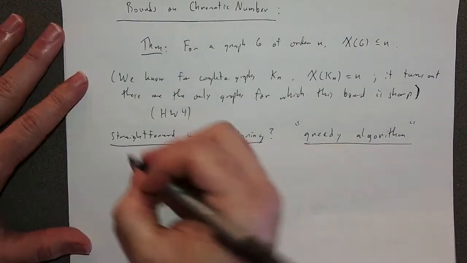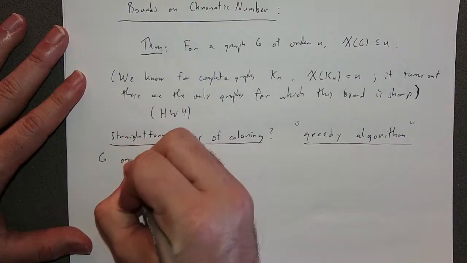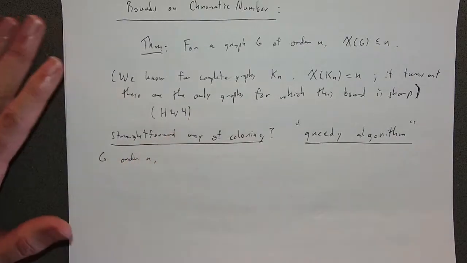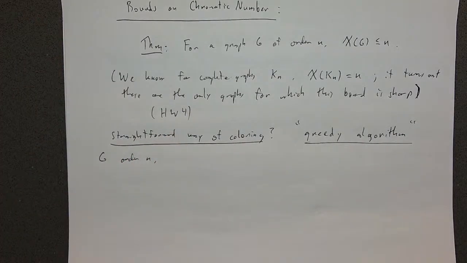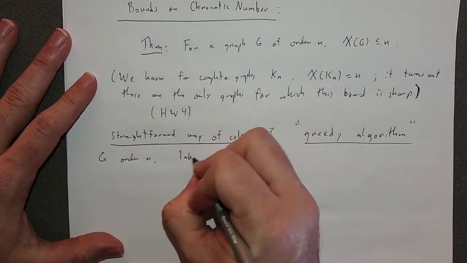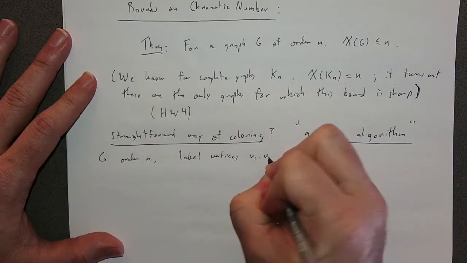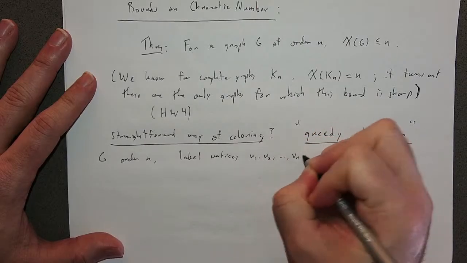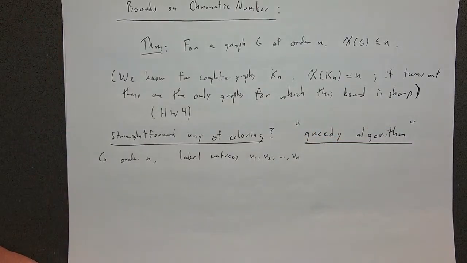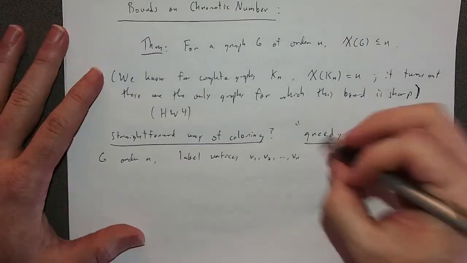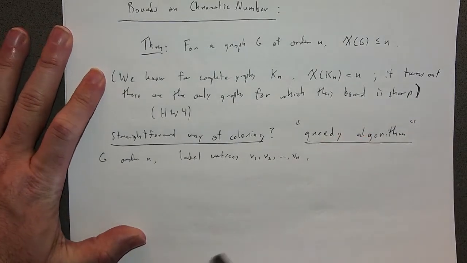Let's say we have G. It has n vertices, so it has order n. How do I color these vertices? So label the vertices v1, v2, and so on up to vn. Order the available colors in some way.